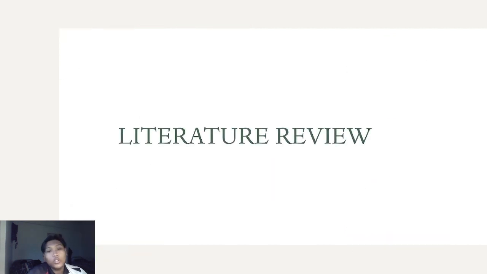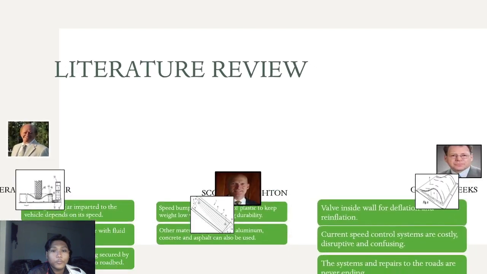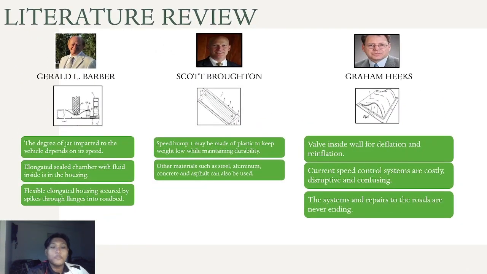Next we go to the literature review. From the literature review, we get three patents from three different people: Graham L. Barber, Scott Broughton, and Graham Hicks. Let's go to the first patent from Graham L. Barber. From that patent, the degree of jar impacted to the vehicle depends on its speed.